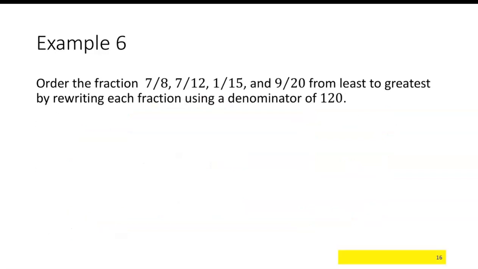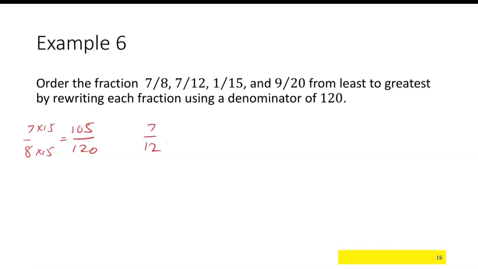All right, let's try to order the fractions 7/8, 7/12, 1/15, and 9/20 from least to greatest by writing each fraction using a denominator of 120. Well, 8 times 15 is 120, so I start with 7/8. I would multiply the top and bottom by 15. And 7 times 15 is 105, so 7/8 is 105 over 120.